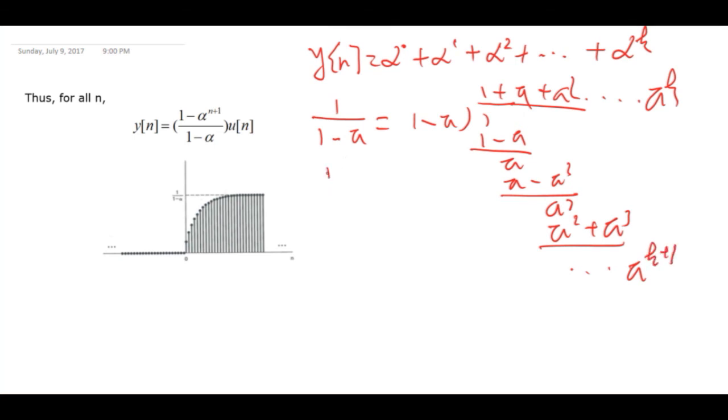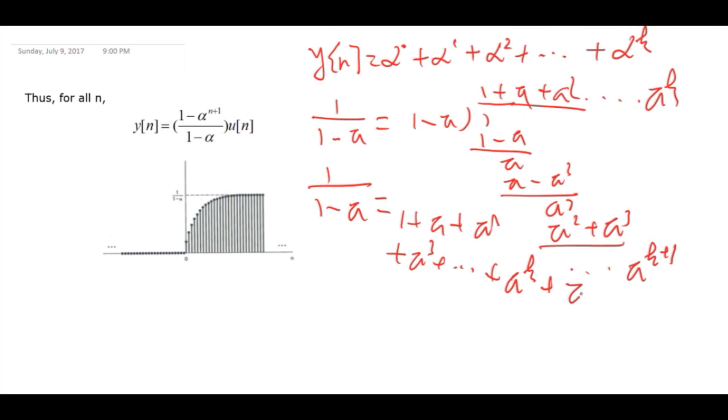So basically 1 over 1 minus a is equal to 1 plus a plus a square plus a cube plus dot dot dot plus a^k, plus a^(k+1) over 1 minus a.